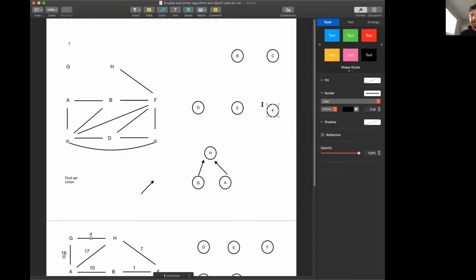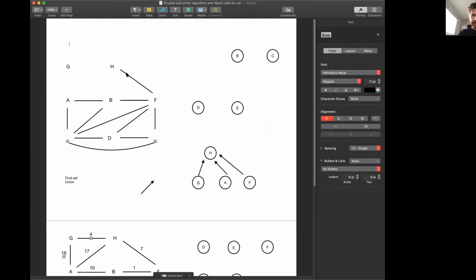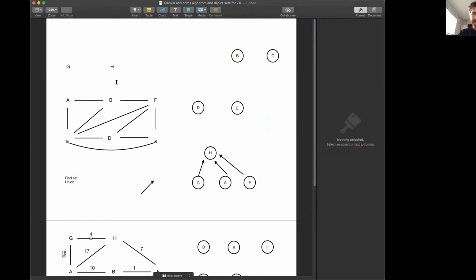Find set on F should give me F because it is actually the root of its disjoint set. And all I'm going to do is join it to the bigger set this way. And I'm done with this edge.